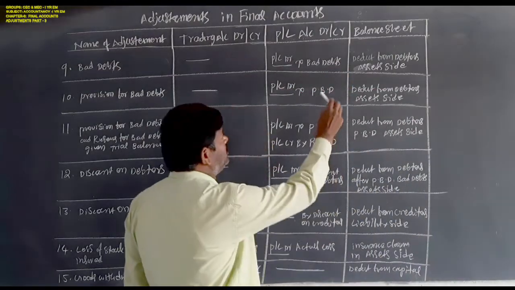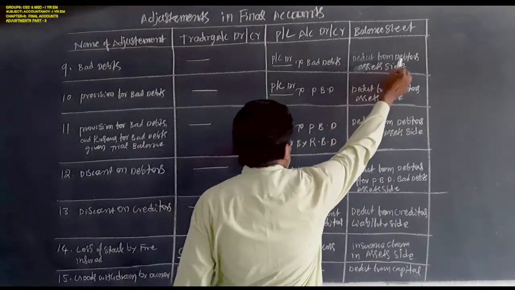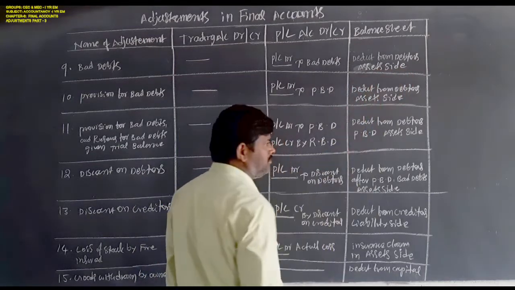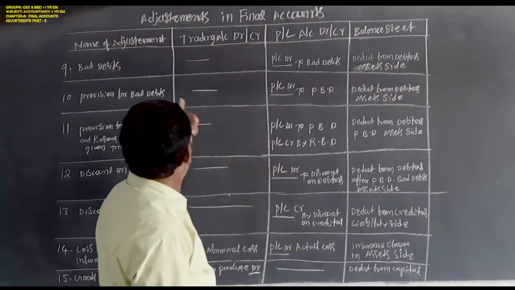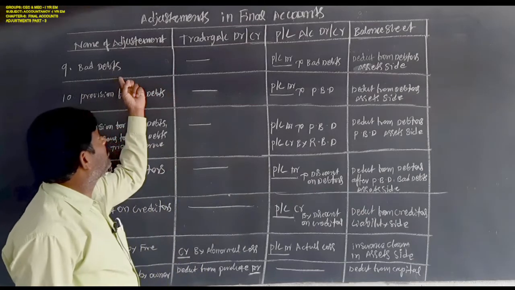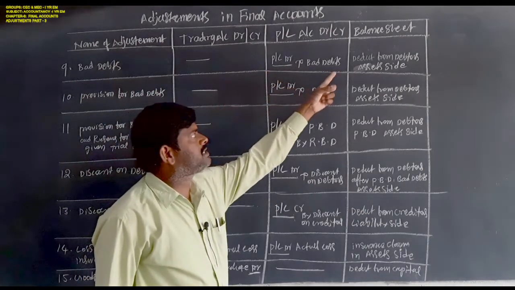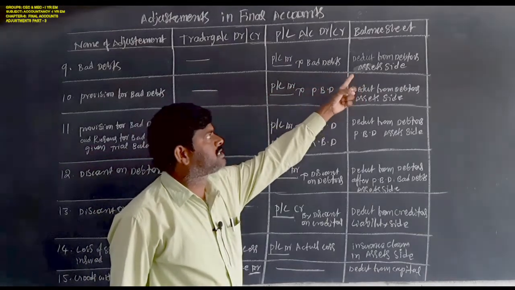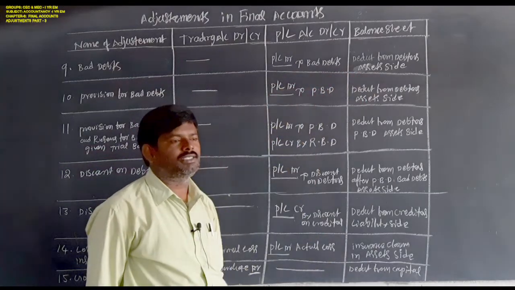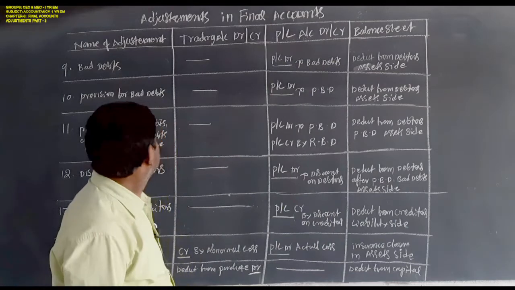The same amount must be deducted from debtors on the asset side. This is the first one.